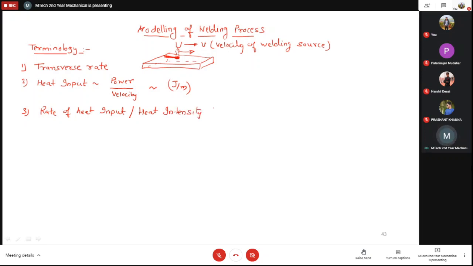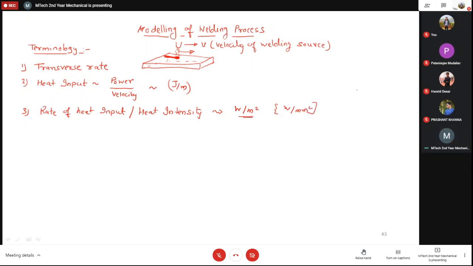It means how much input power we are providing per unit area. So it is generally in watt per meter square or watt per mm square. This is the SI unit.